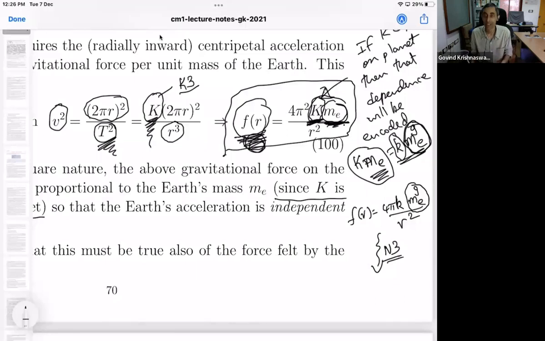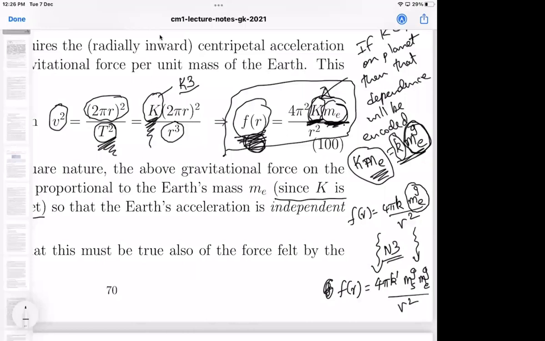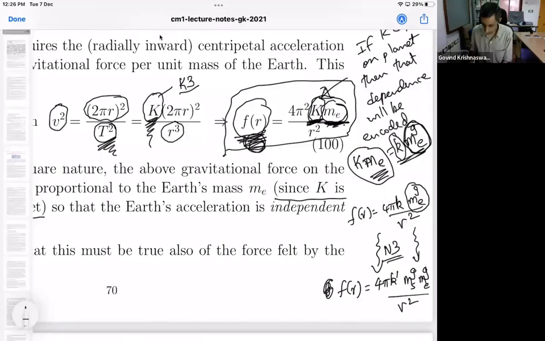Based on that argument, we conclude that f of r must really have a new expression, 4 pi K prime M_S M_E divided by r squared. Is this step okay, or should I go over it once again? No, sir, I think this is okay. All right, great.